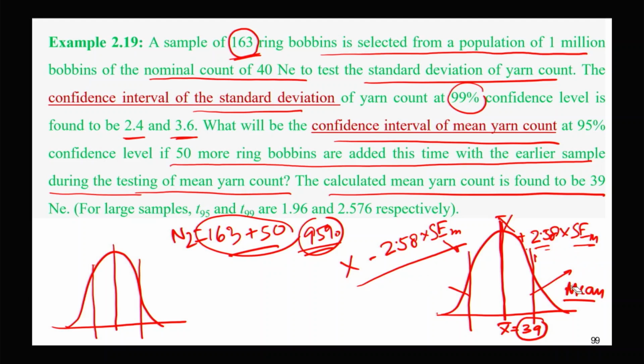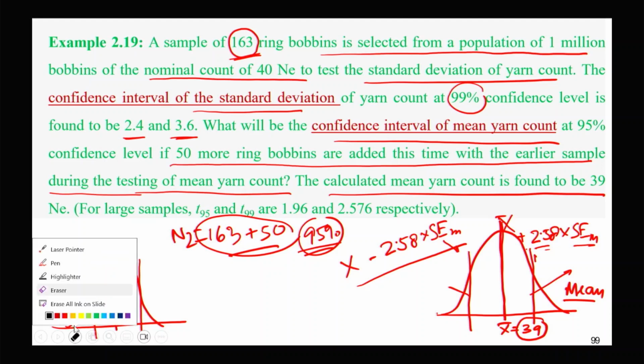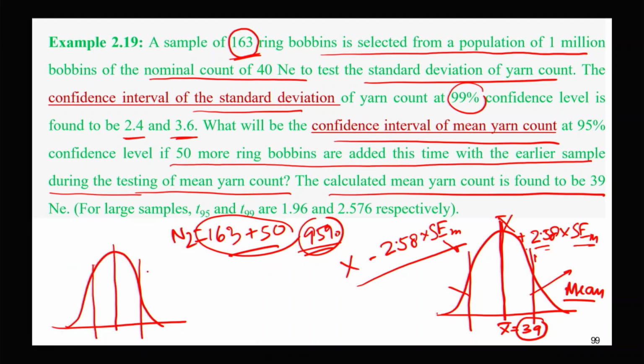Okay, this is for mean, and here it's the value which is given, it's for standard deviation. So, plus 2.58 multiplied by standard error of standard deviation, so x bar plus, so this value is 3.6, here it will be 2.4.